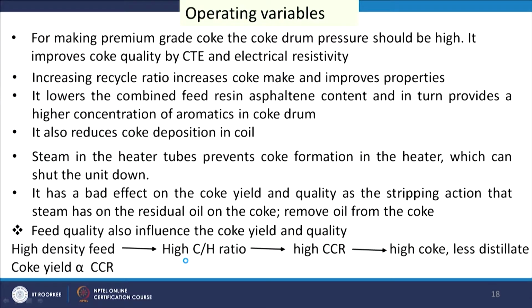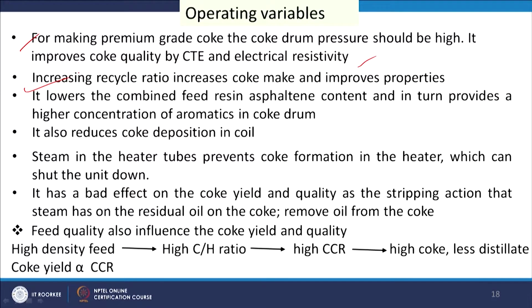Then for making premium grade coke, the coke drum pressure should be high. It improves coke quality, CTE, and electrical resistivity. So, when we increase the pressure, we get more coke, and the quality of premium grade coke is also better.